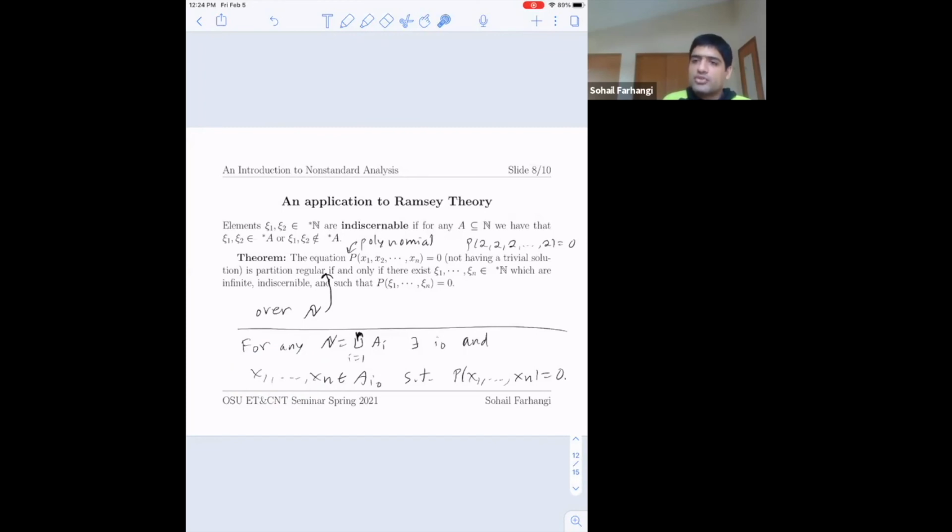But this is just a single universal solution. Once you have your polynomial, these numbers are fixed. You can just pick these numbers, and then the fact that they're indiscernible corresponds to partition regularity.